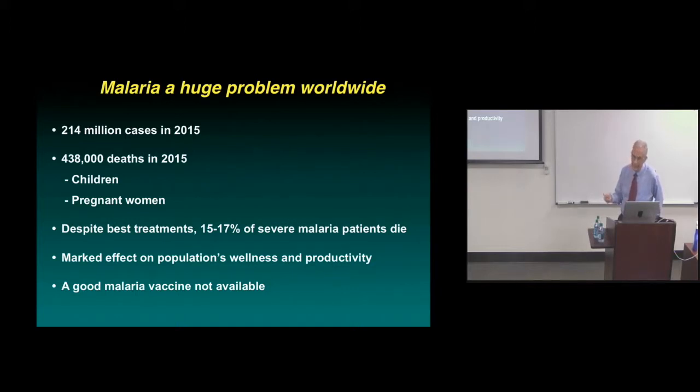And in addition to the incidence, the severity and the number of deaths is huge. The last counting that I think is accurate was over 400,000, and most of the deaths are in children and in pregnant women. And there's some good background to explain that, but I won't go into that today. And despite best treatments, a large fraction of these people with malaria go ahead and die. If they get into a hospital, if they get the best treatment, many of them still die.